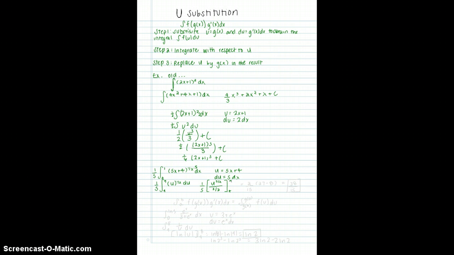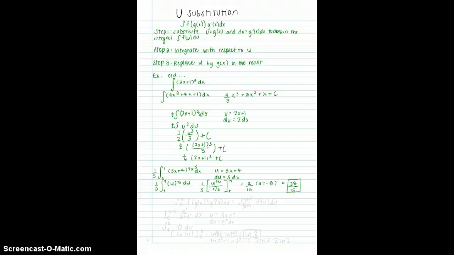This simplifies to 2/15 times, and you're going to do top minus bottom, so 27 minus 8, and that gives you an answer of 38 over 15. Notice how with a definite integral, once we go to u, we stay with u and we don't go back to x.